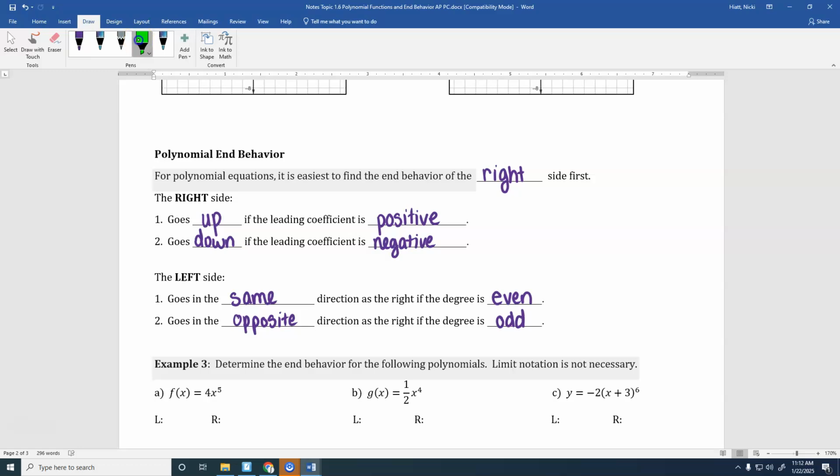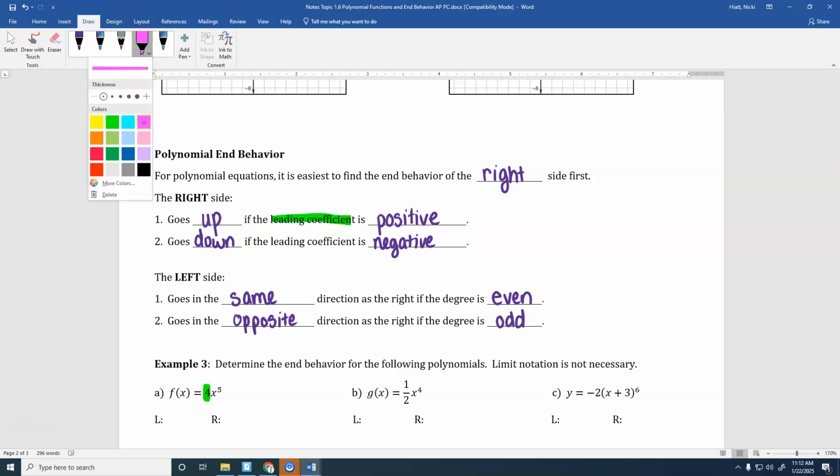Now keep in mind here, the leading coefficient is the number in front of your x, right? And then your degree is the exponent there. So our leading coefficient is the number in front, and our degree is our exponent.